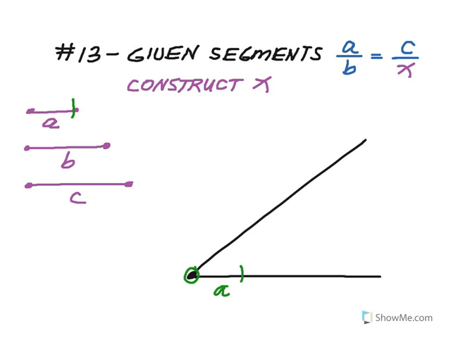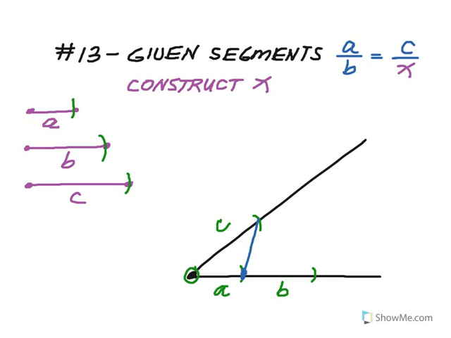And then we measure segment B and put segment B's length right next to segment A. And then we measure the length of segment C, and we put segment C's length up here. Now, the next thing we want to do is connect from right here to right here. So we've made a little triangle with sides A and C.